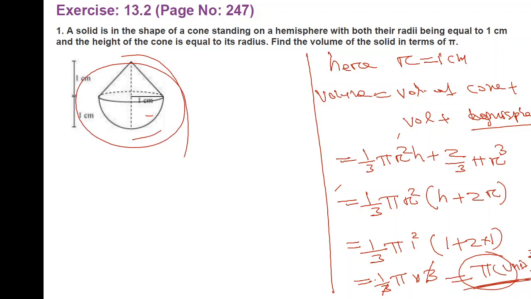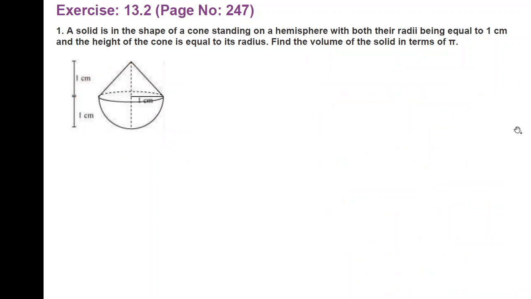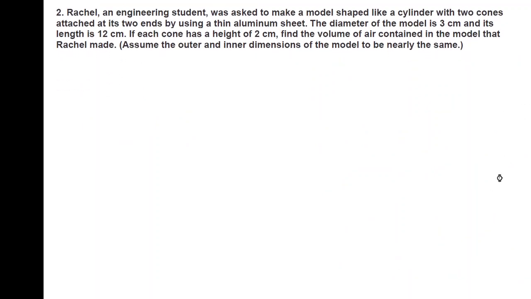Okay, so we'll move to the next question now. Here it is. Rachel is a person, an engineering student, who was asked to make a model shaped like a cylinder with two cones attached at its two ends by using a thin aluminium sheet.